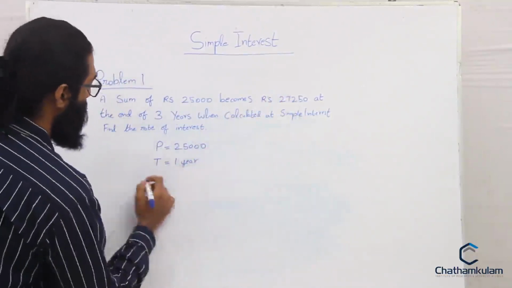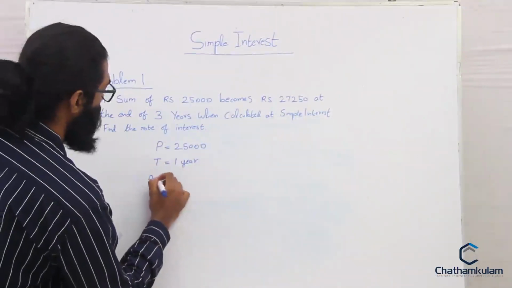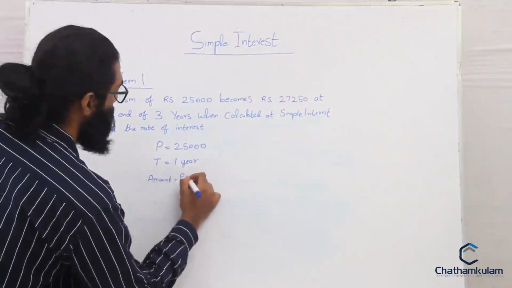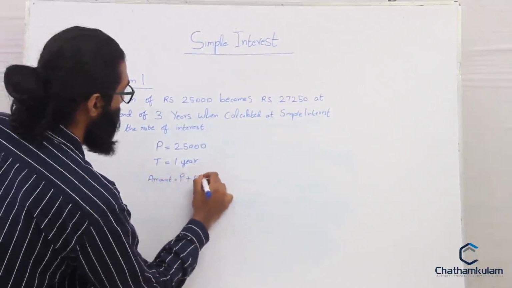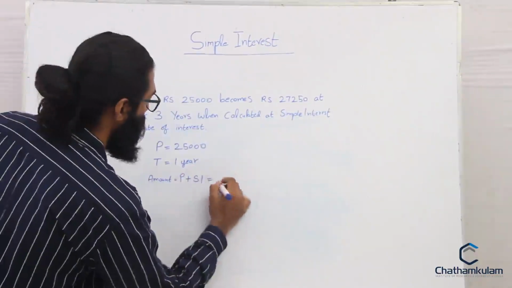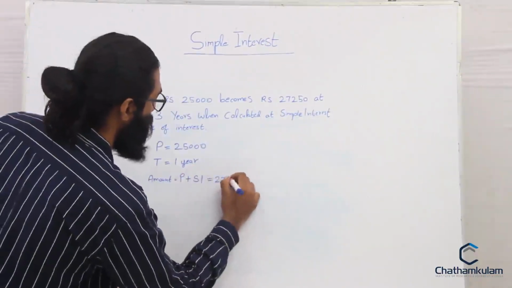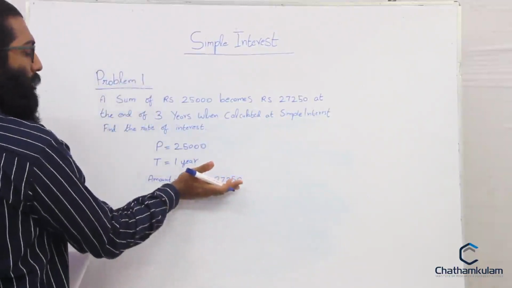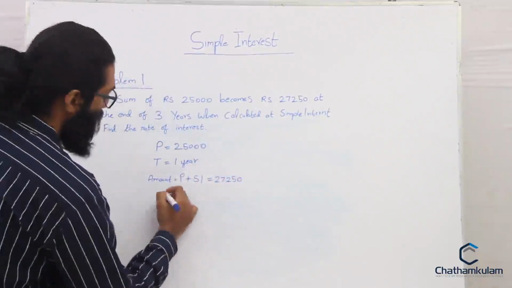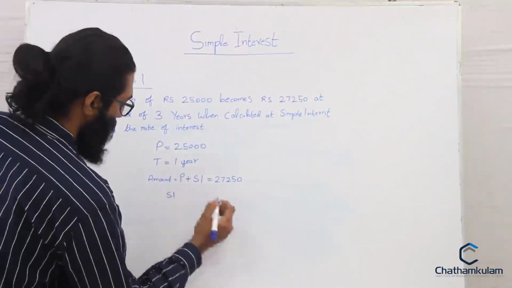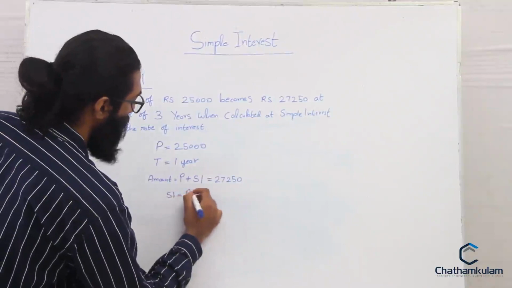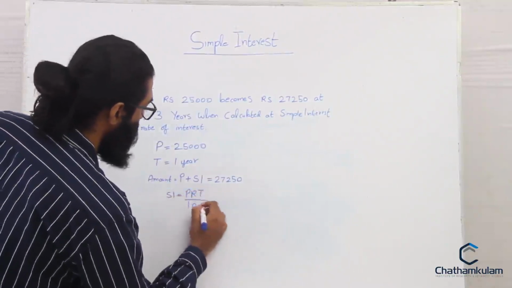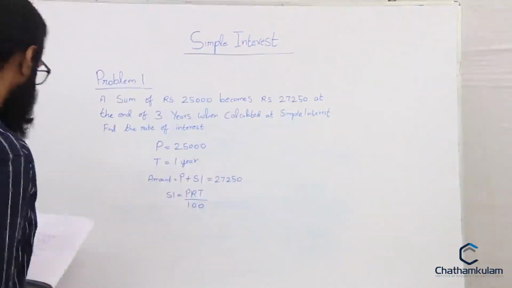That is, amount equals principal plus simple interest, which is equal to 27,250. So these data are given to us. We have the formula SI equals PRT by 100.